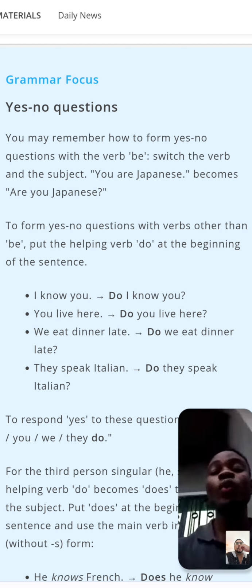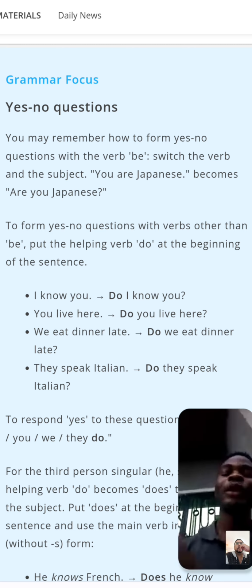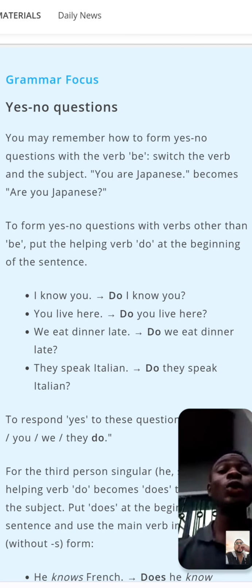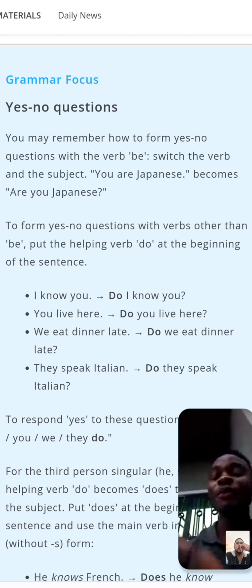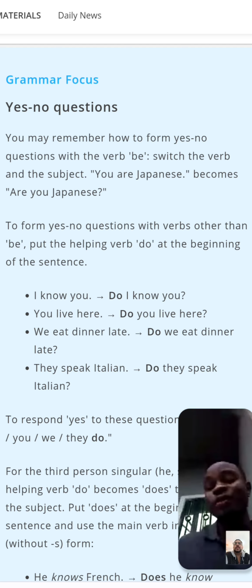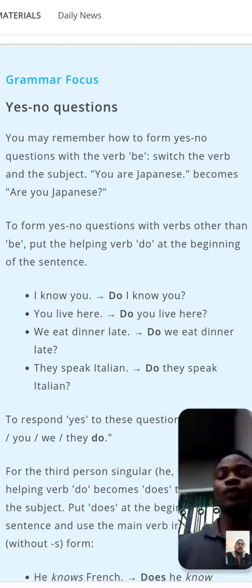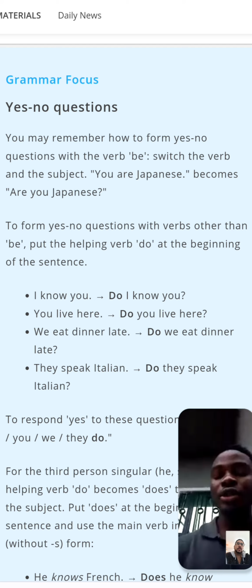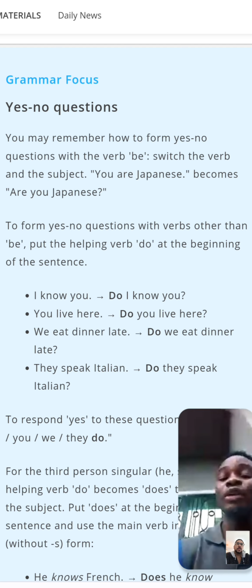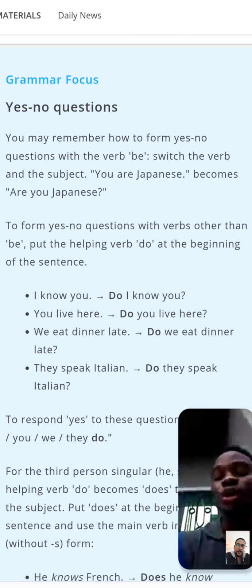And it should end with a question mark. For example, if we have a sentence like, I know you, the verb there is know, and it is not a form of the verb be. It is an action verb. So with such a verb, we have to use the helping verb do to form a question sentence, and we have to place it at the beginning of the sentence, that is, before the subject.